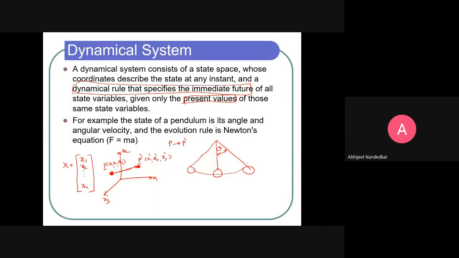So if I provide you the current angle and angular velocity, then you can estimate with the help of Newton's simple law where the next position will be. So that is how dynamical systems work.